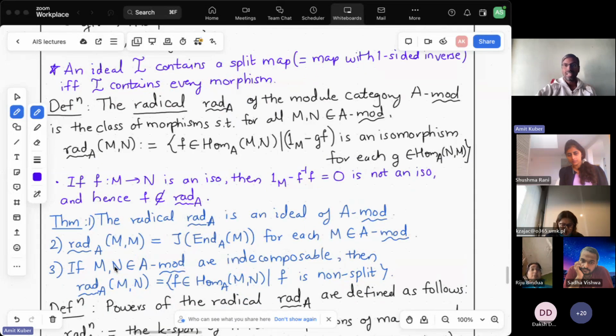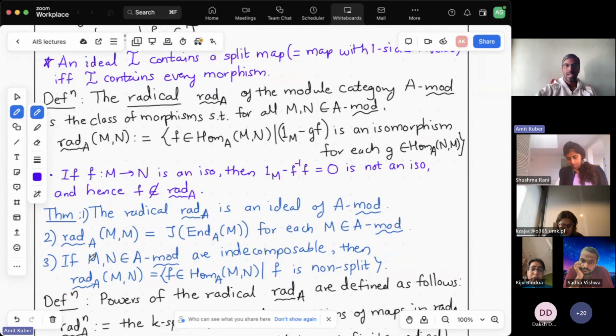The third one is something that I wish to do here: if M and N are indecomposable, then rad M N is the collection of all non-split morphisms. Yeah, this will pave a way to counting the basis of irreducible morphisms. Okay, so let me write some proof of this.